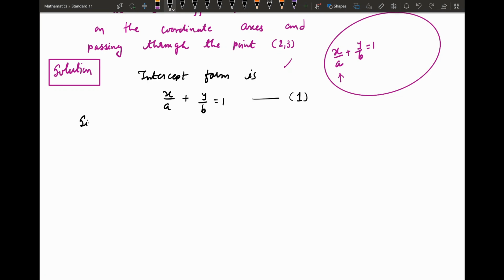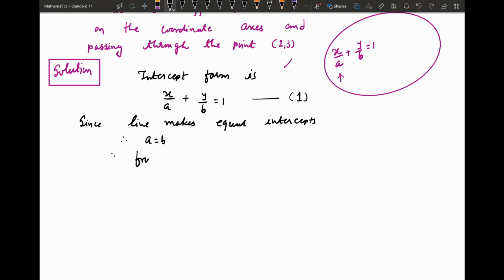Since the line makes equal intercepts, we have a equal to b.